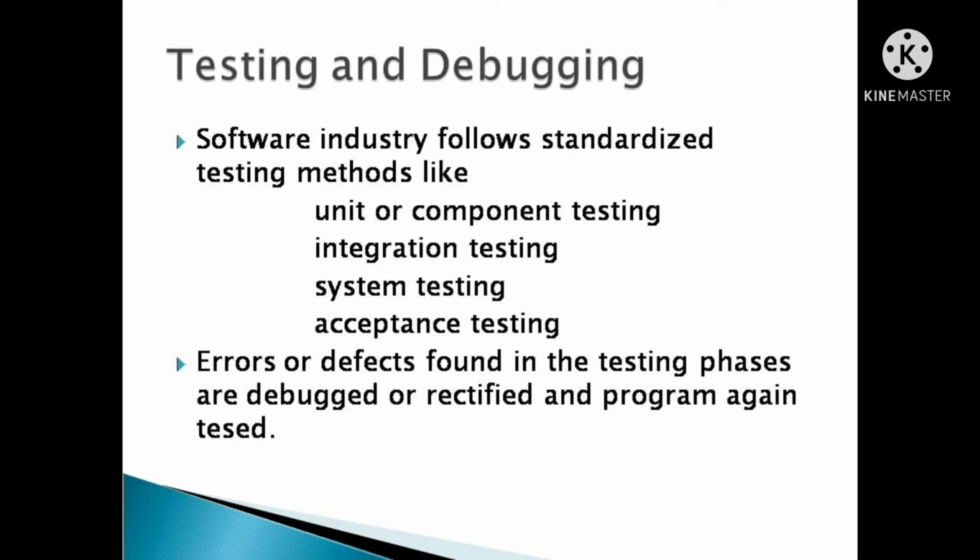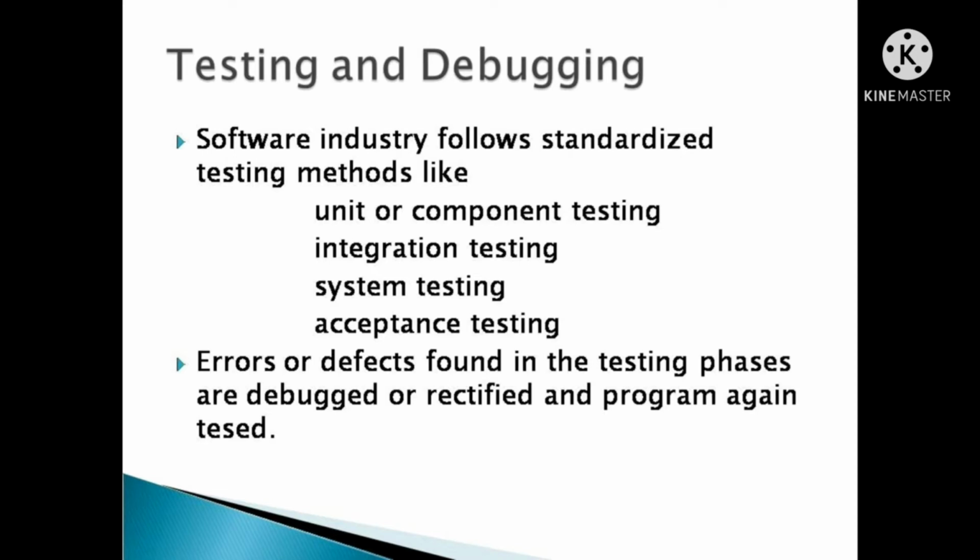Software industries follow standardized testing methods like unit and component testing, integration testing, system testing, and acceptance testing while developing complex applications. This is to ensure that the software meets all the business and technical requirements and works as expected.